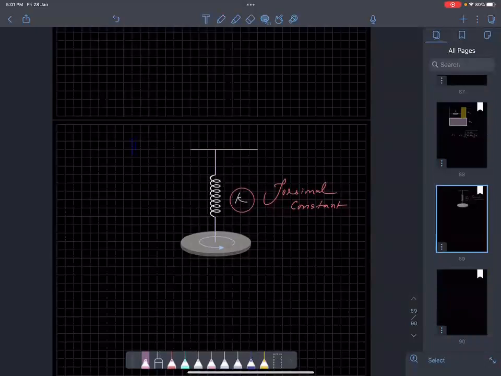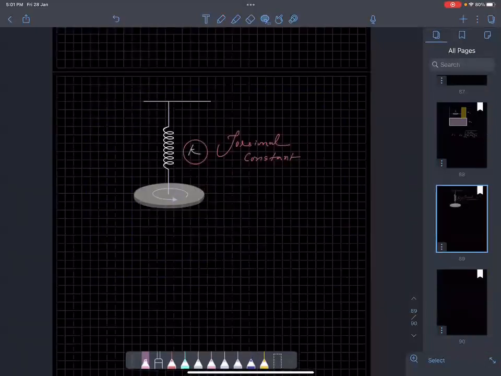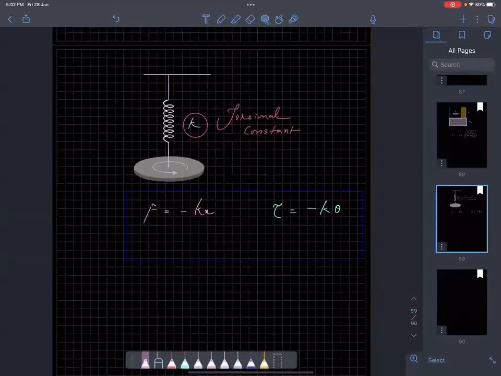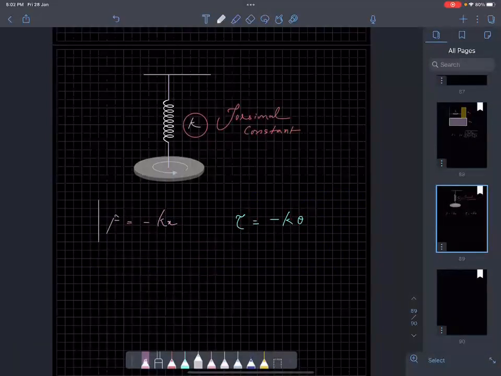Instead of F equal to minus kx, the equation will be tau is equal to minus k theta. The first is for a normal spring, when you extend or compress a spring; this is when you twist a spring.